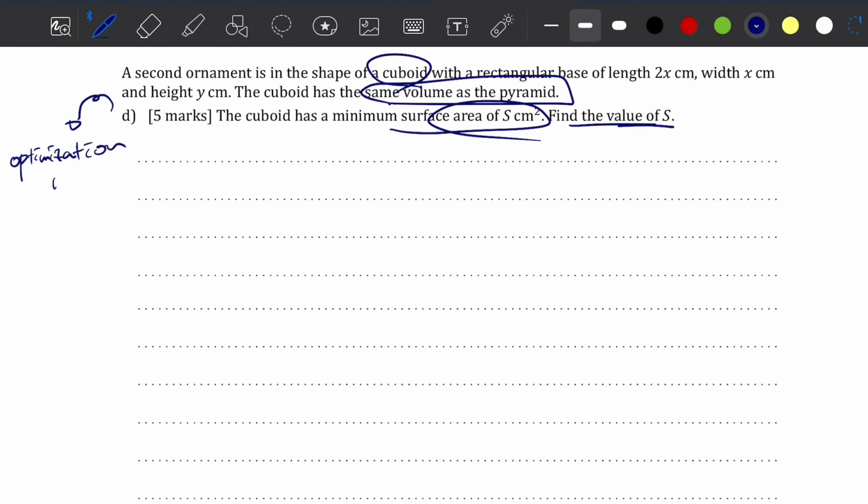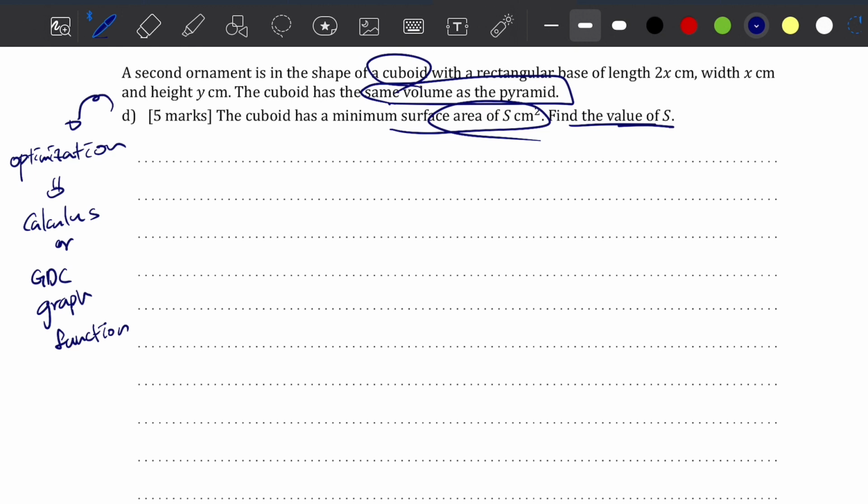You can calculate this using calculus or the GDC graph function. For this question, I'm going to use the graph function in the GDC to calculate the answer, because it does not ask us to use calculus.